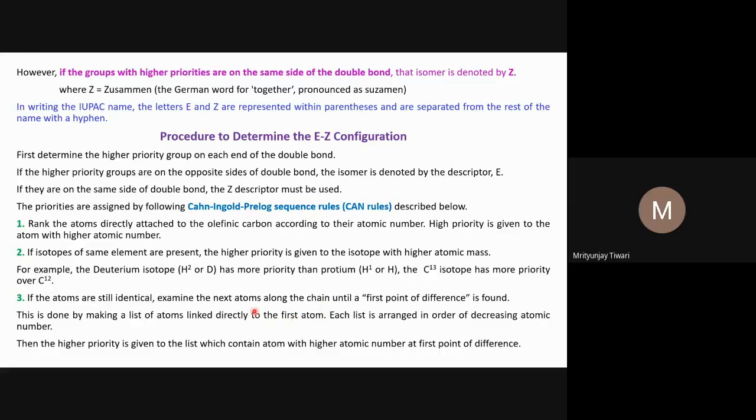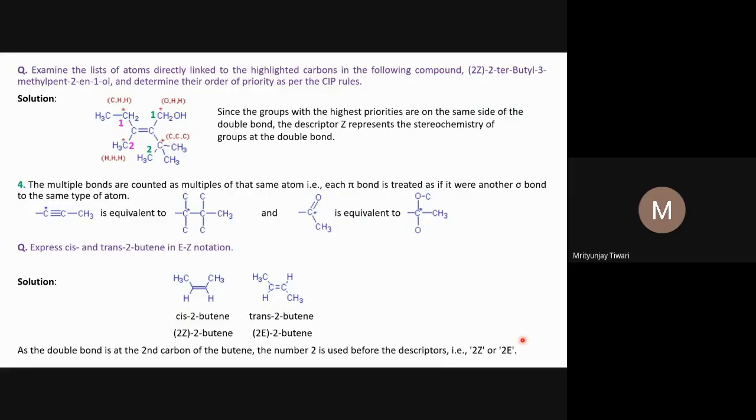Each list is arranged in order of decreasing atomic number, and then you can see at which place there is a difference, and at that point you can give the priority to the different groups. The higher priority is given to the list which contains the atom with the higher atomic number at the first point of difference. Let's see this example.